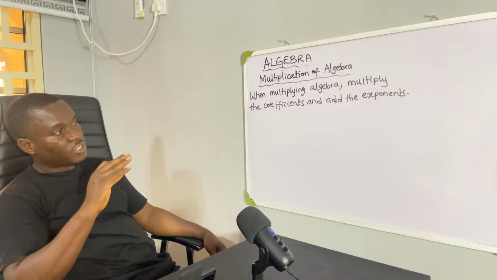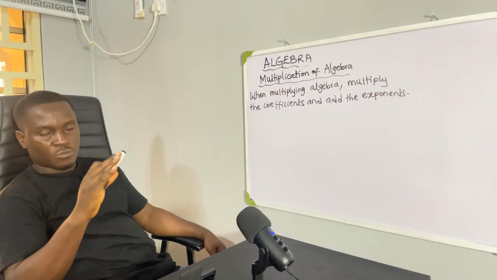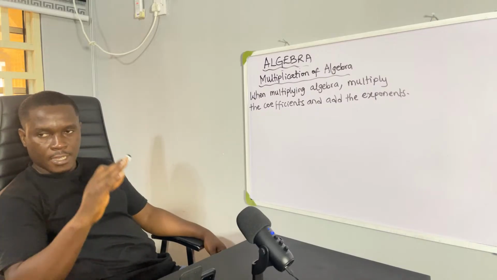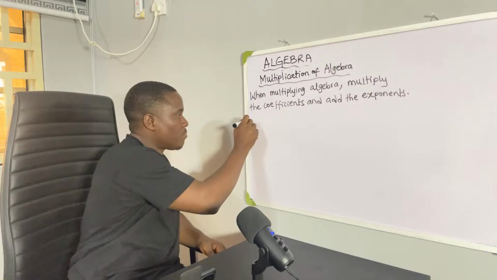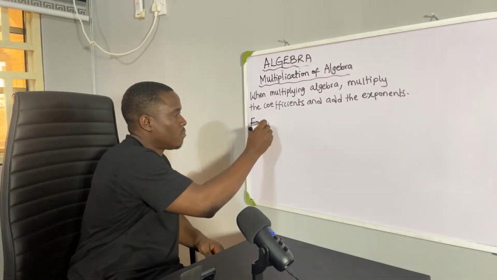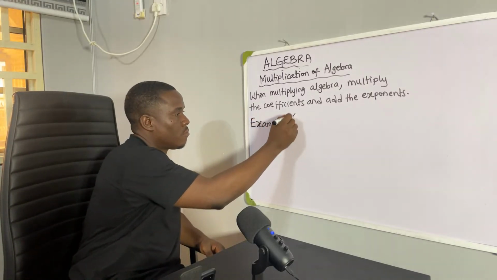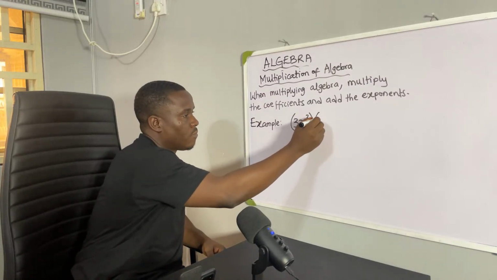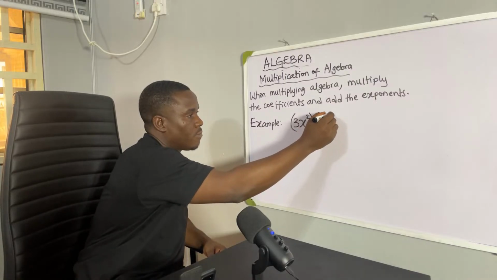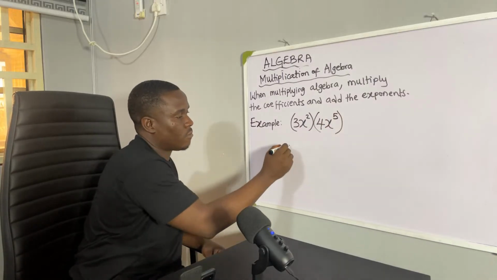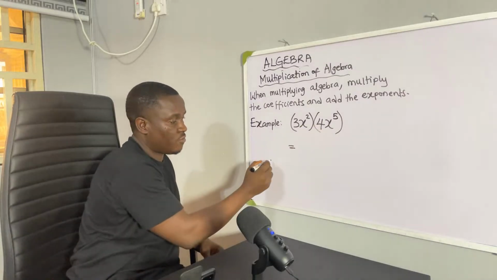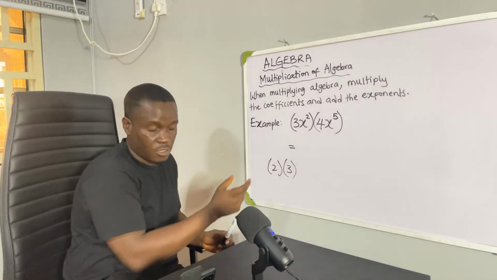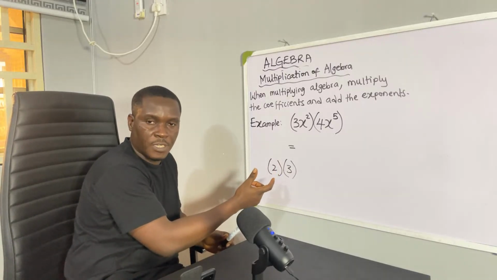The principle states that when you're multiplying algebra, multiply the coefficients and add the exponents. So let's look at an example. Parentheses: when you have two values like this, 2 and 3, this means 2 times 3. It is another way of writing multiplication.